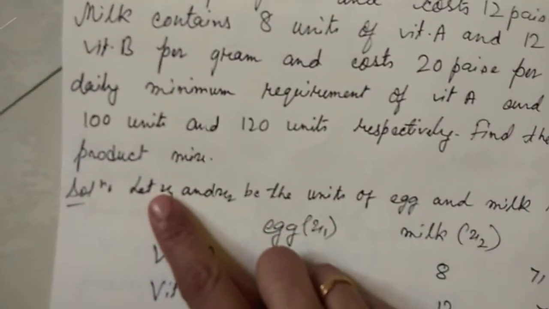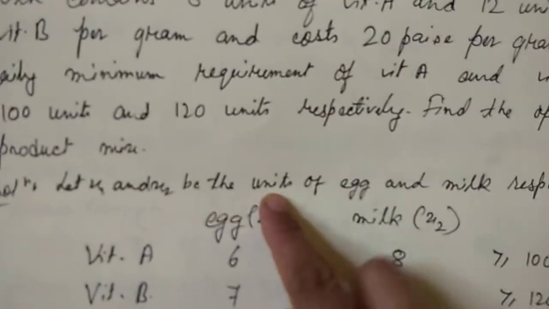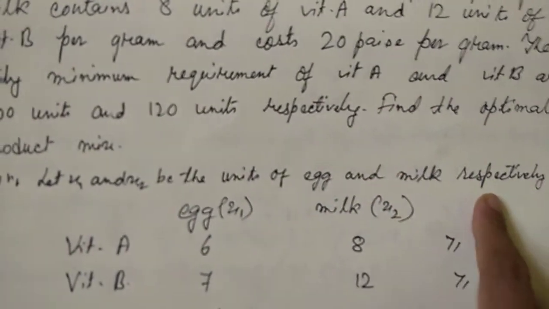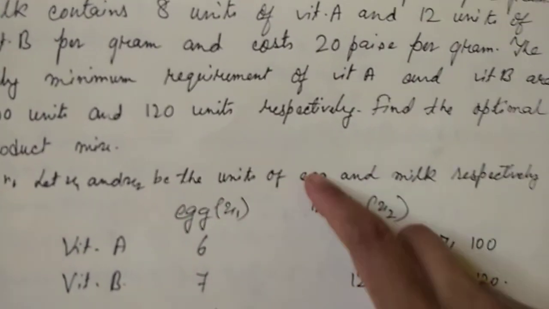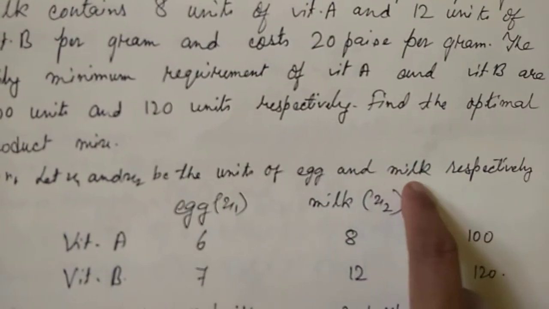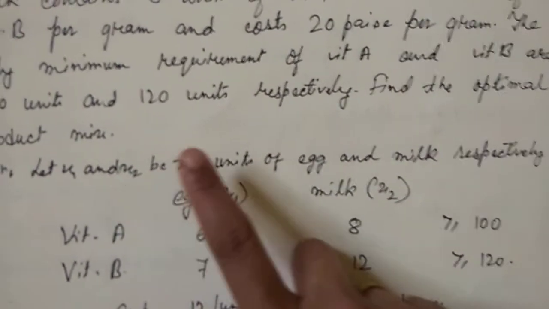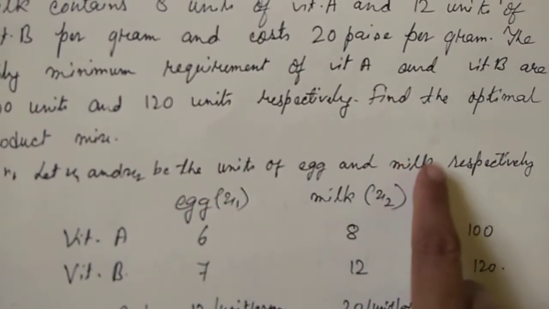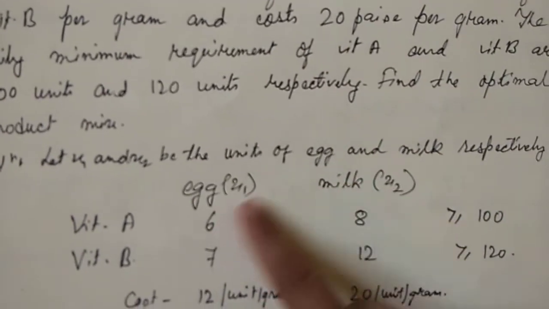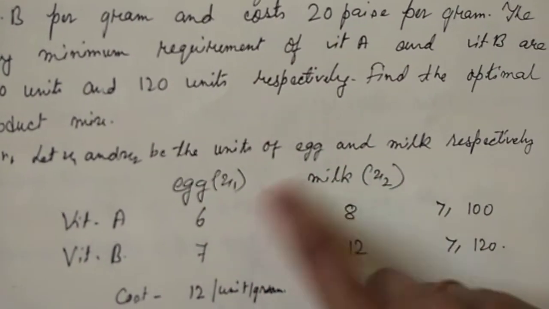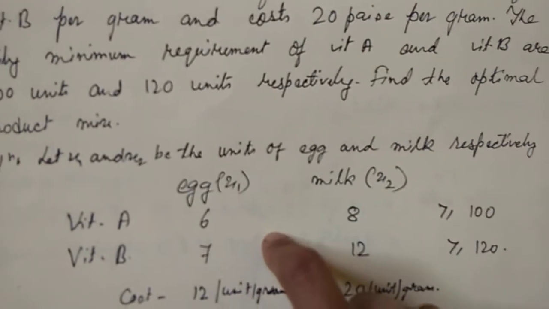We will assume x1 and x2 be the units of egg and milk respectively. It can be the number of eggs and packets of milk. Now we need to formulate this table, and then it will be easier to write the equations.